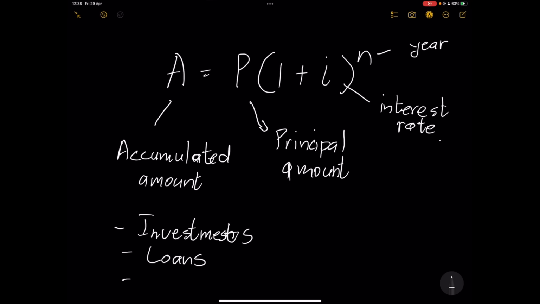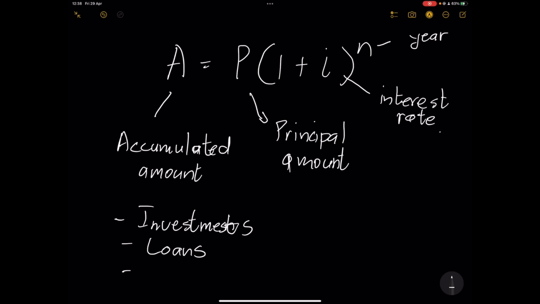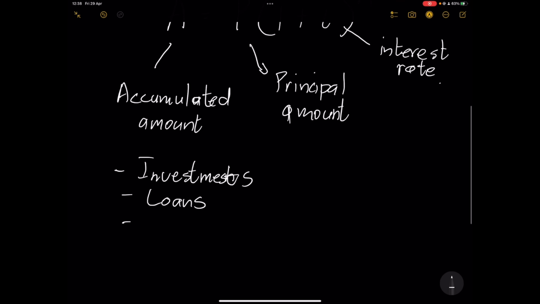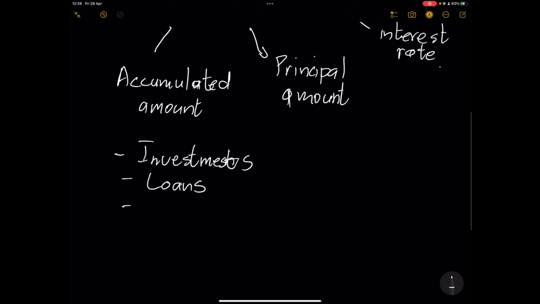What I just want us to do is to talk about it in the normal sense. So in the normal sense, N would be when we are compounding per year. This is per annum, if our compounding period is per annum.